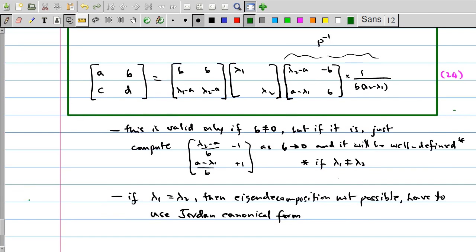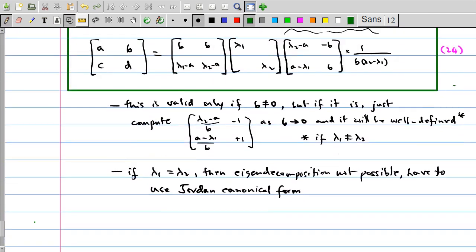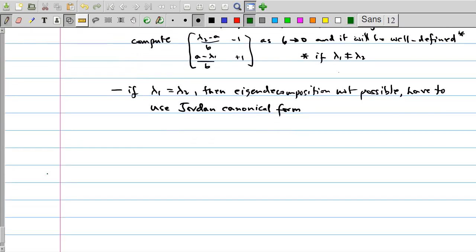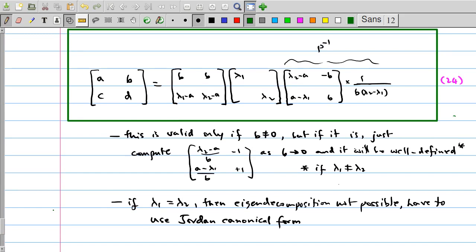So 24 is the key equation that we are now going to be relying upon. Okay. So now we return to. We did this for the general 2x2. So life is very good for any 2x2 example from now on. Okay.